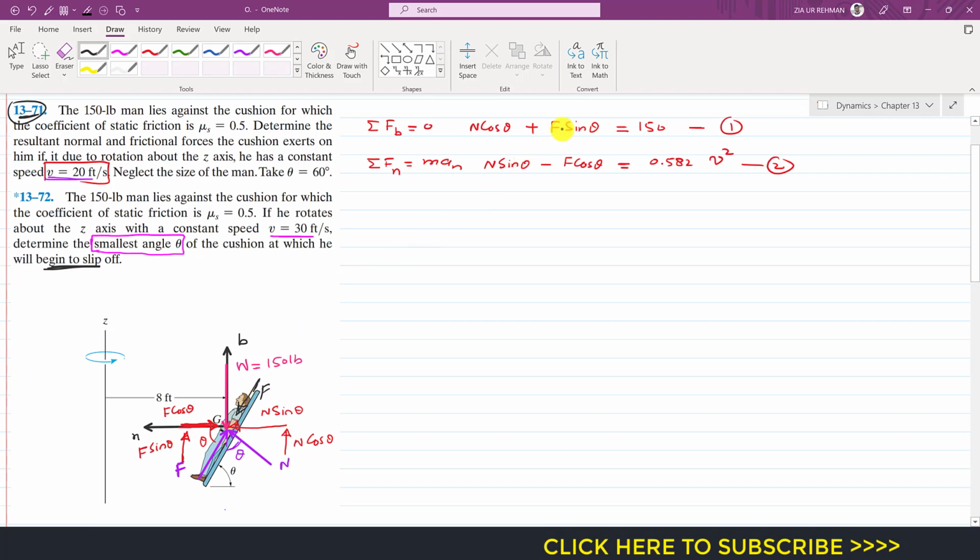So if this is the case, then we need to reverse the sign wherever F is involved. So this sign will become negative and this sign will become positive.